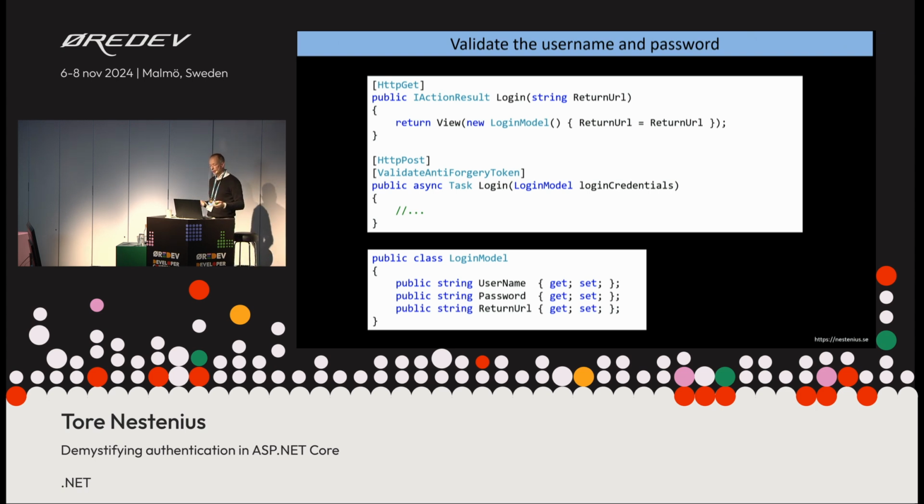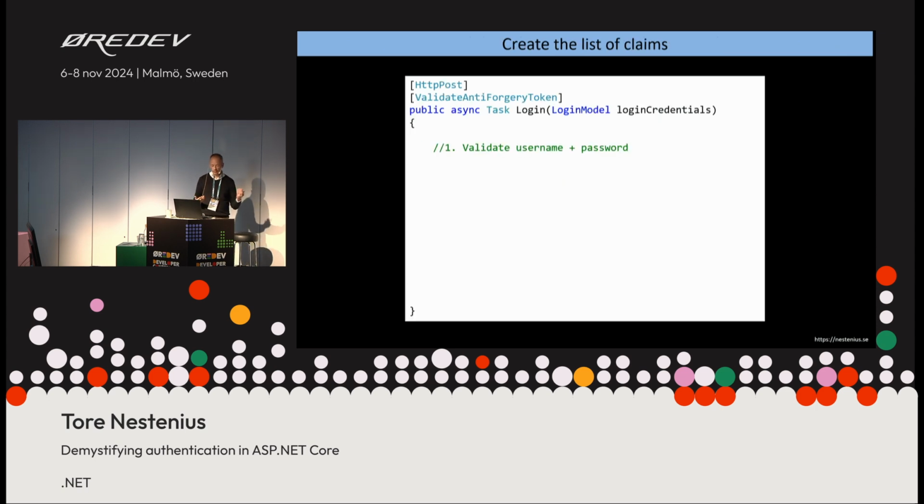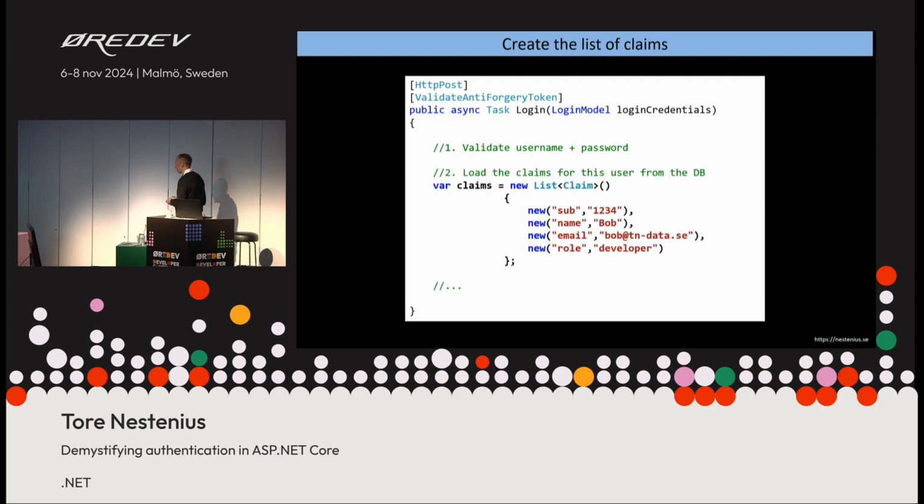So what do we do in the login action method? Well, first we do a simple validation of the username and password. You look up in the database to find the correct user, and we leave that for later. But we need to do some validation, of course, and then we need to load the facts about the user and build up a list of claims into a collection of claims.